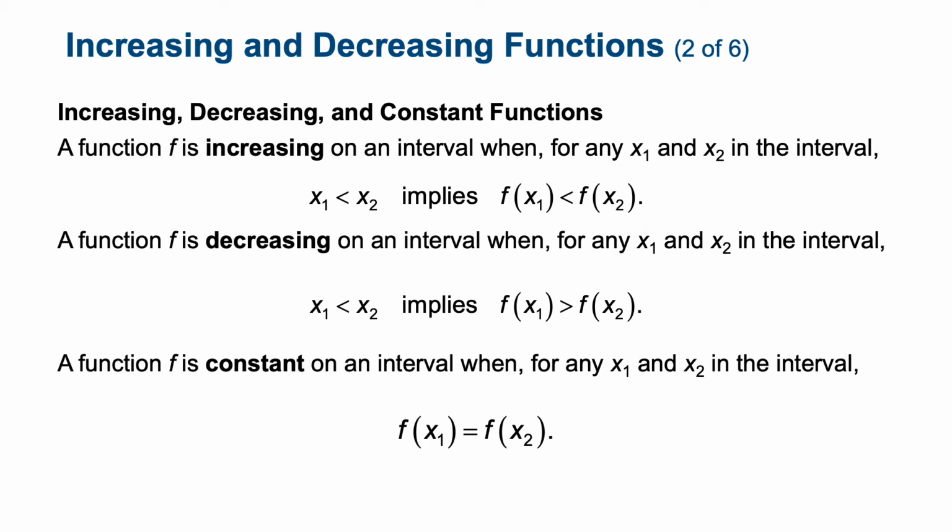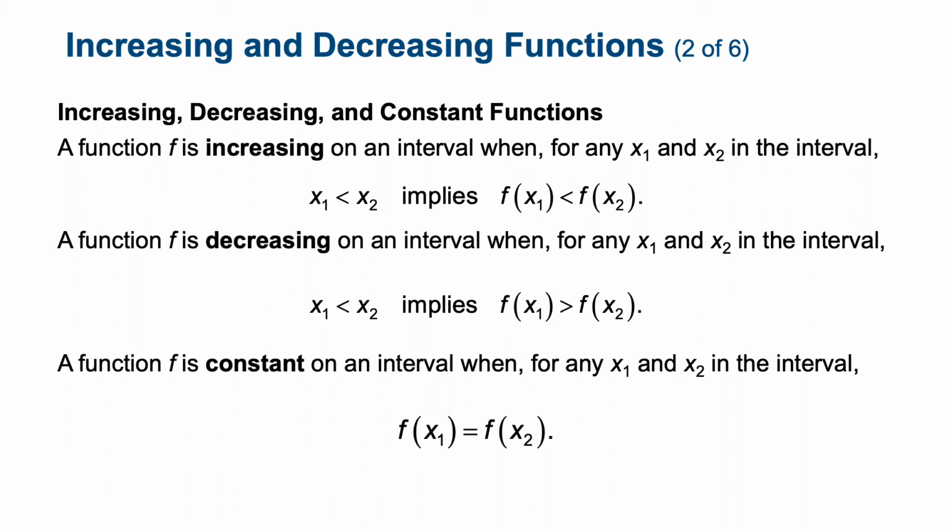Okay, so this is just another way of saying it algebraically. A function is increasing on an interval if for any x1 and x2, what this means is as x gets larger, right, because the second one is going to be larger than the first one, then the y increases as well. So this is just another way of saying what I just said using symbols, right? As x increases, the function also increases.